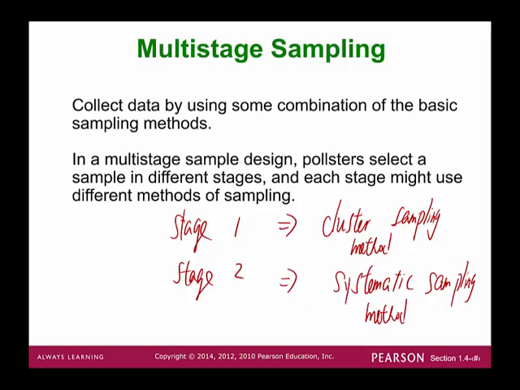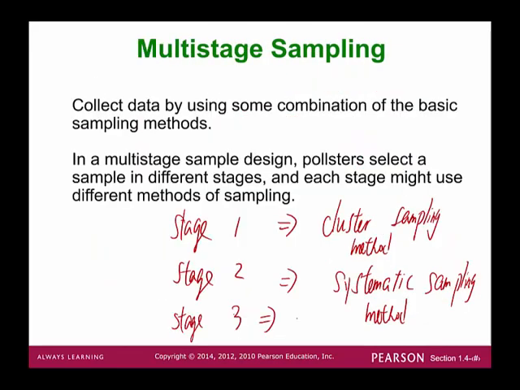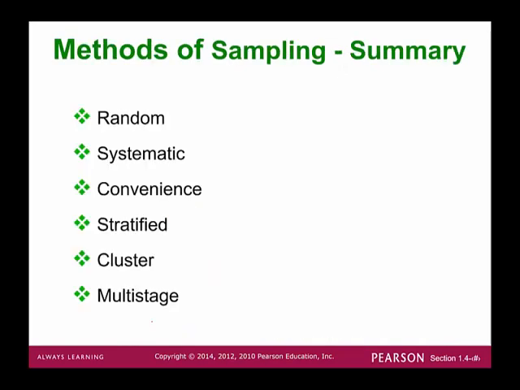Definitely, you could come up with different kinds of sampling methods. At stage 3, maybe you pick the stratified sampling method. So it totally depends on your research objective, and you can use different sampling methods to conduct a research study.